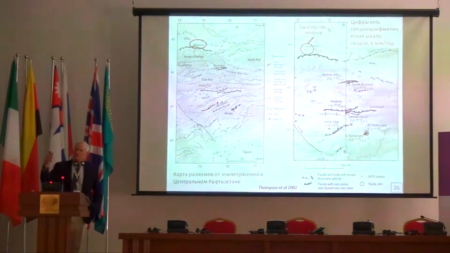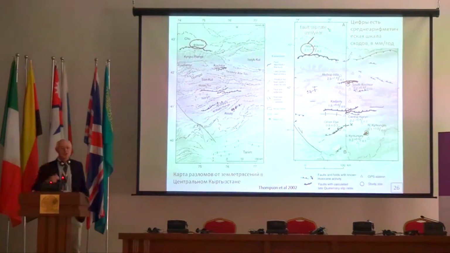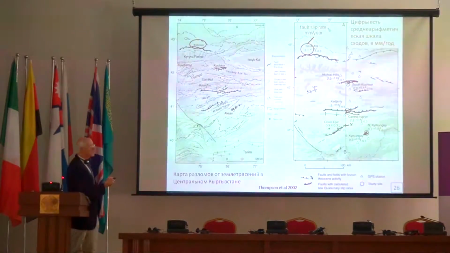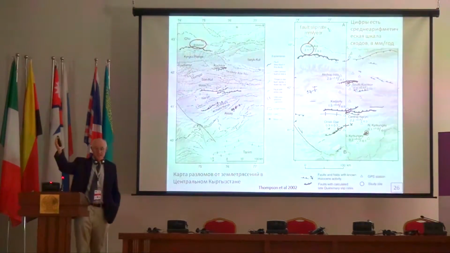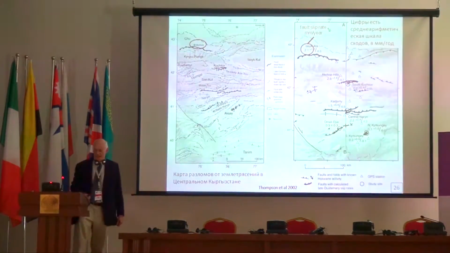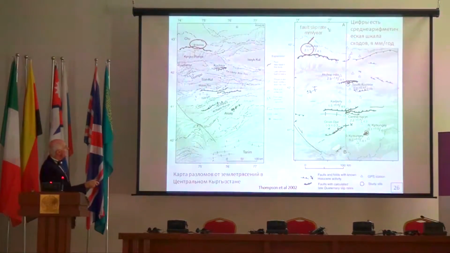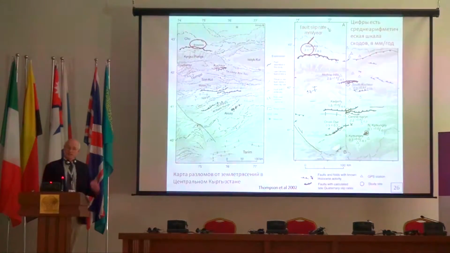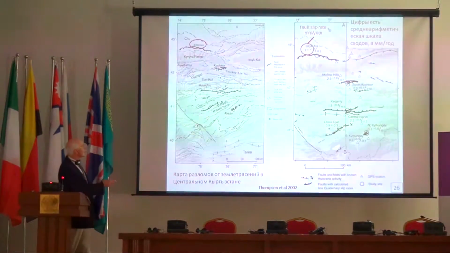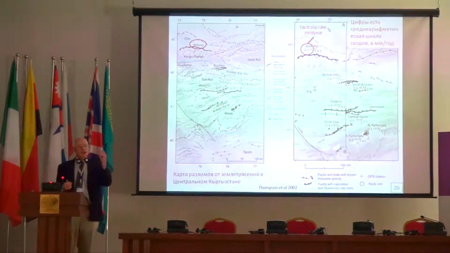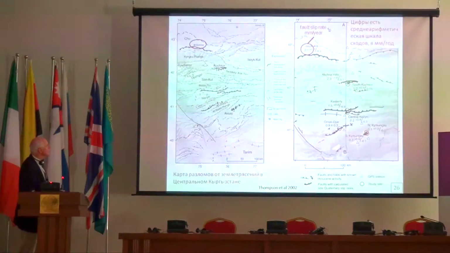So over geological time, it moves on average 2 millimeters per year. When this moves in an earthquake, it will move several meters, right? But the average rate is about 2 millimeters per year. And remember, the total rate across here is about 20 millimeters per year. So each fault is only doing a small part of the total job. So this is the kind of understanding we need more of in this part of the world.